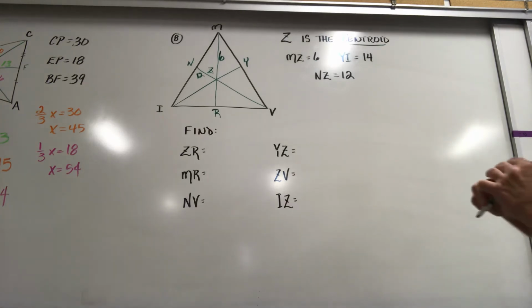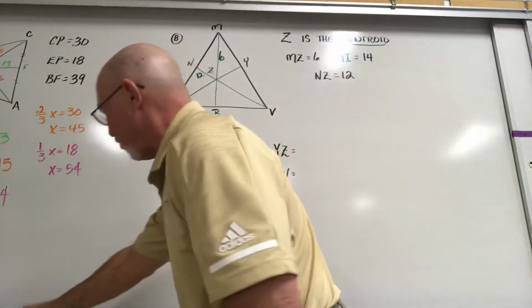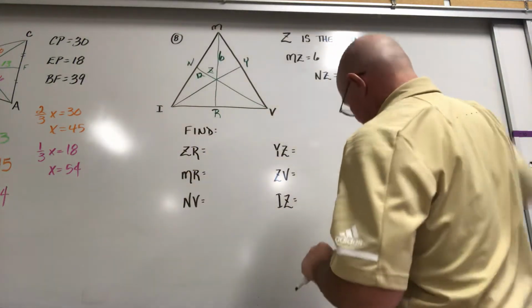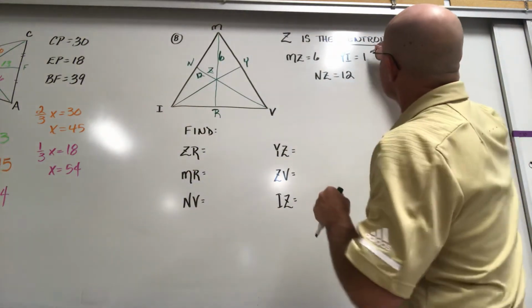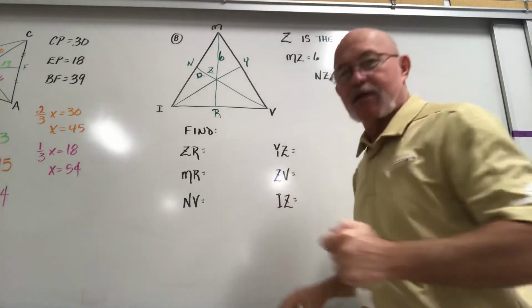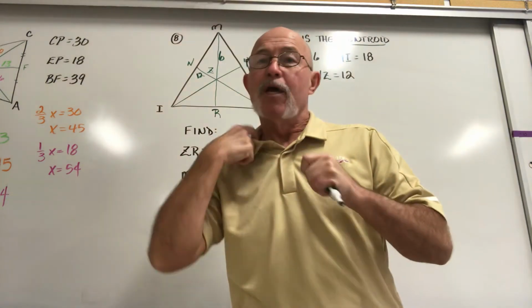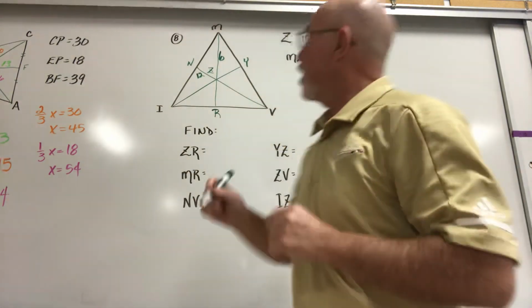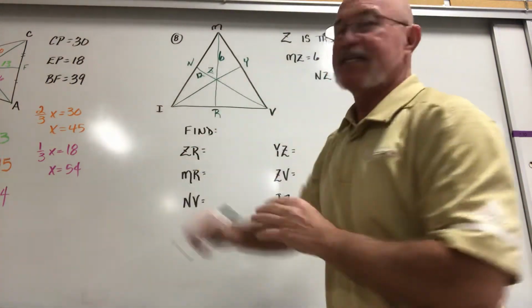I'm sorry, YI is 18. I was going to say, wait a minute, that didn't look right. Always my greatest problem, transcribing things from the book. So we've got the whole thing there is 18.